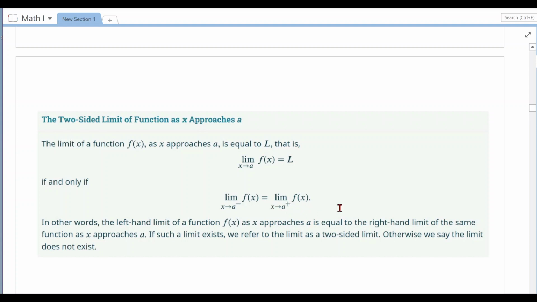In other words, the left-hand limit of f of x as x approaches a is equal to the right-hand limit of the same function as x approaches a. If such a limit exists, we refer to it as a two-sided limit. Otherwise, we say the limit does not exist.